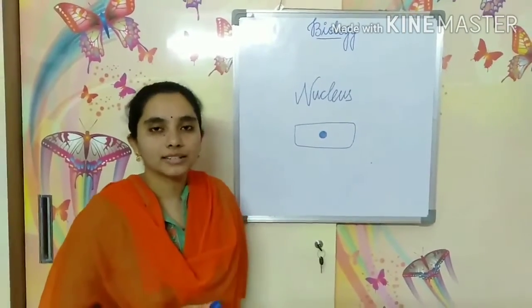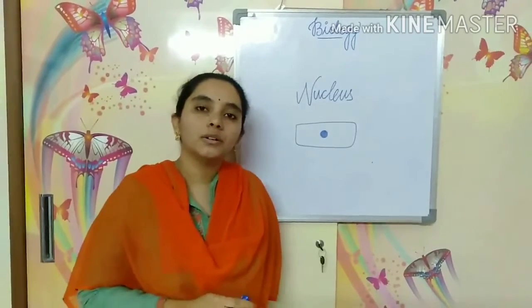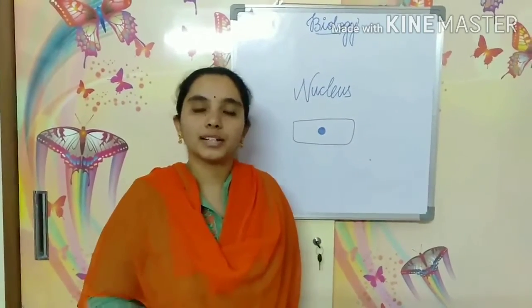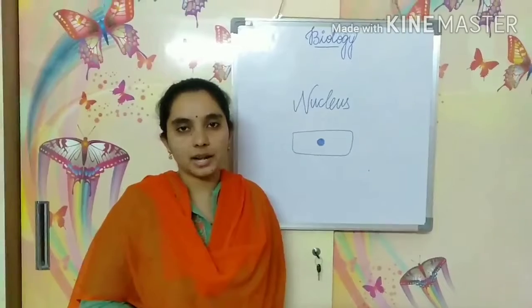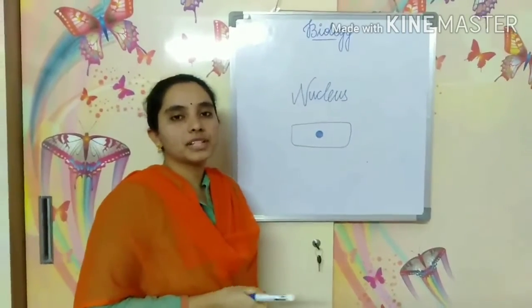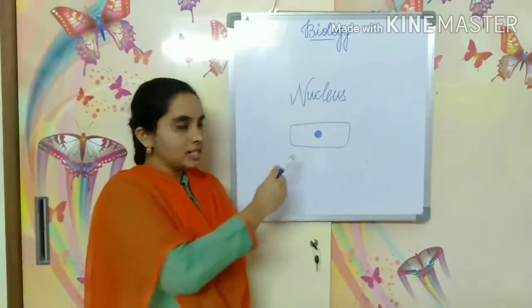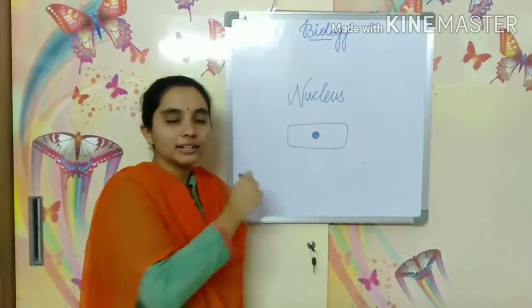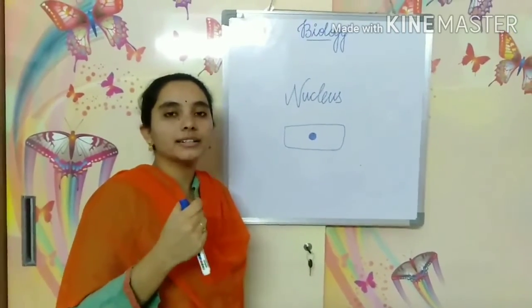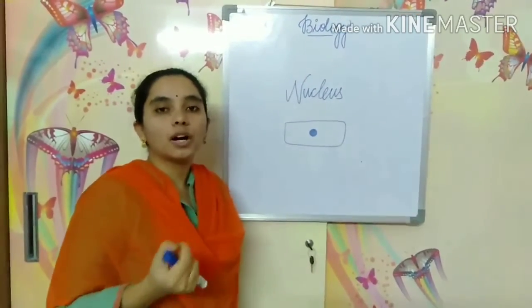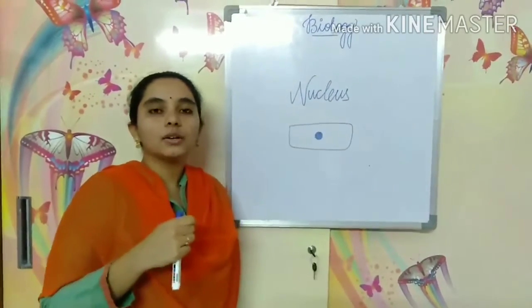Talking about the history, you already know Robert Brown discovered the nucleus for the first time. You have already observed onion cells, in which the central part is very thick, a dense particle, which you call the nucleus.